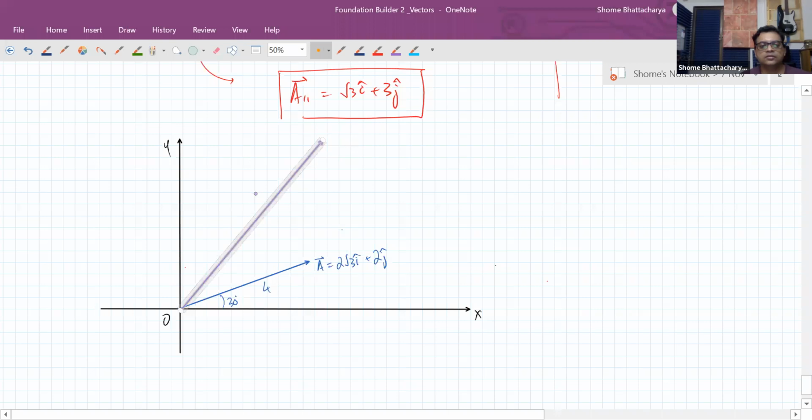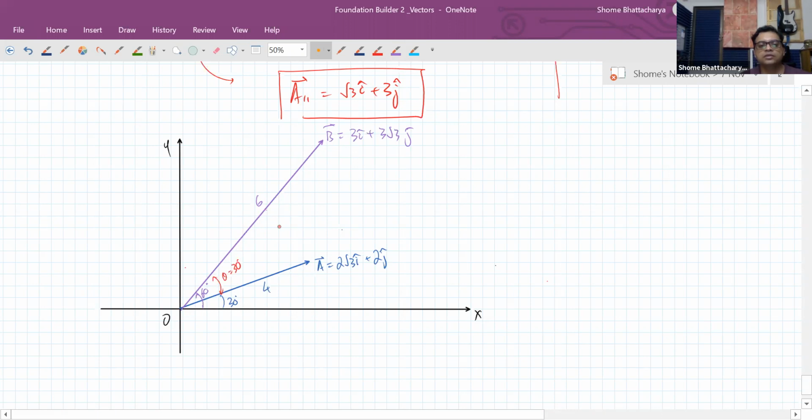That is at a total angle of 60 degrees and its magnitude is this. Because it is 3 I cap plus 3 root 3 j cap. So this angle is 60 degrees. Okay. So that is why this theta, this theta that we had written, is 30 degrees.